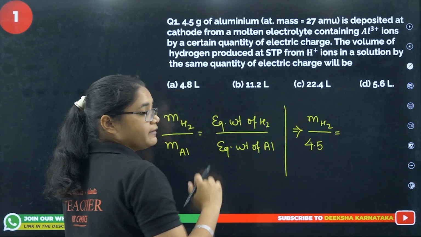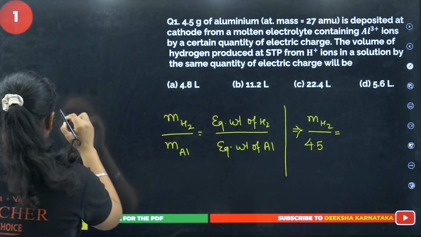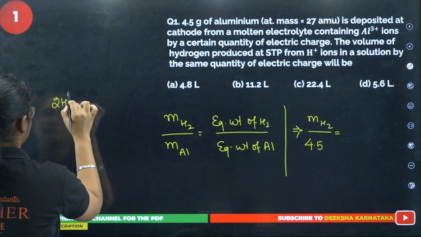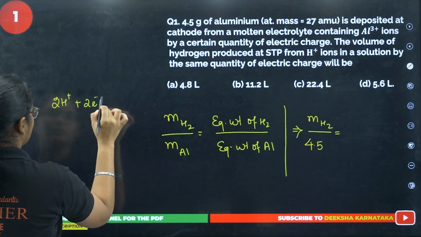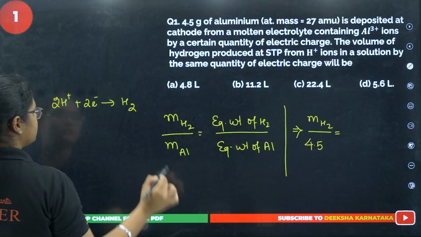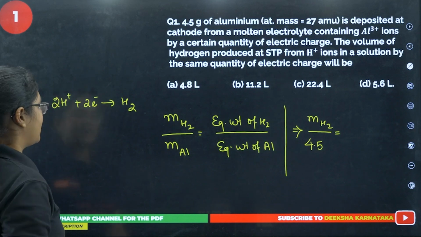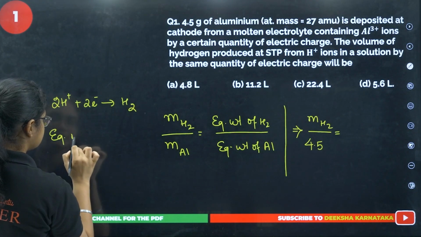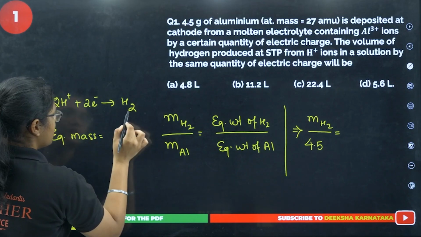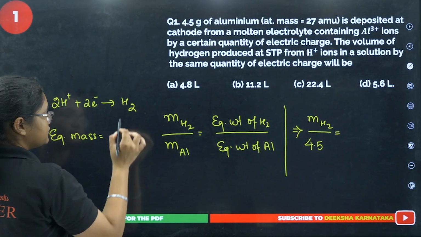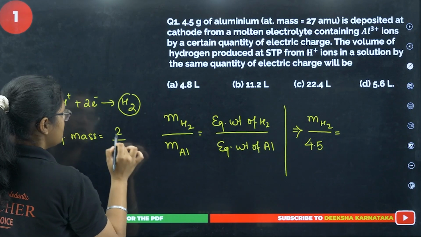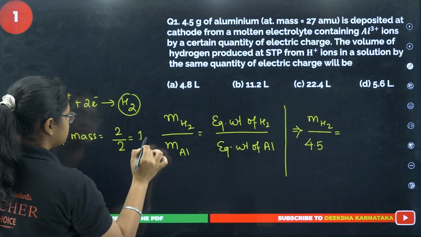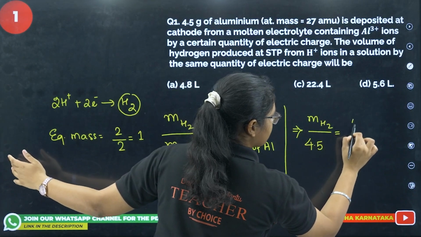Next, equivalent weight of hydrogen. What is the equivalent mass of hydrogen? You can see 2H+ will require 2 electrons to give you H2, right? So what is the formula for equivalent mass? Equivalent mass is molar mass by the number of electrons used. Molar mass of hydrogen is 2, number of electrons used is 2, so this is 1. So equivalent weight of hydrogen is 1.